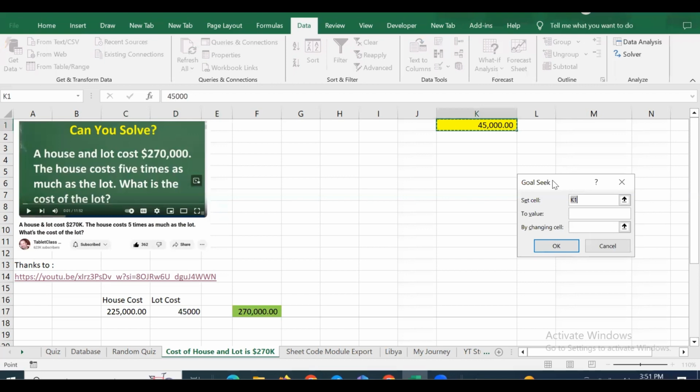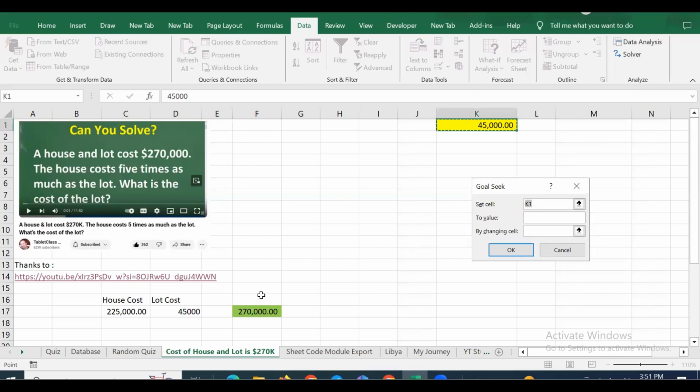The first thing is which cell do you want to set to some value? Of course, we want to set the total value, so we set it here. And what value do you want to set? Here you are going to set the value $270,000. And what cell do you want to be changing? So the dependent cell is X. The value of X will keep on changing, and it will come up with this solution.